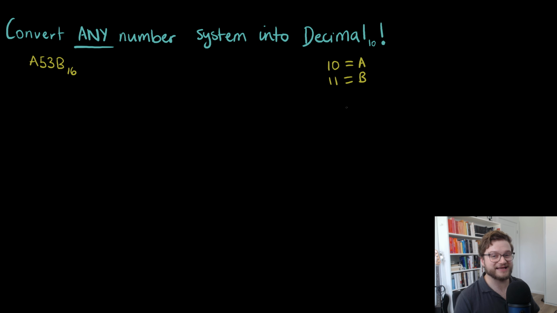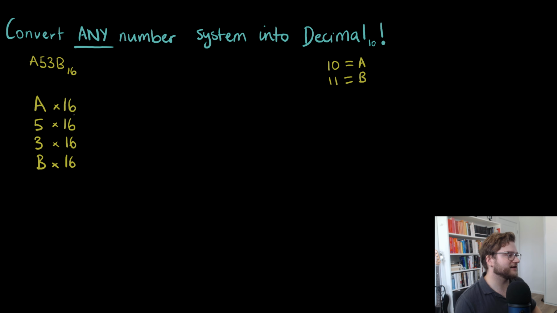So how exactly do we do this? Well, let's write the number down like this. A, 5, 3, B. Now, how do we convert this to decimal? Well, we multiply each of the numbers by 16.